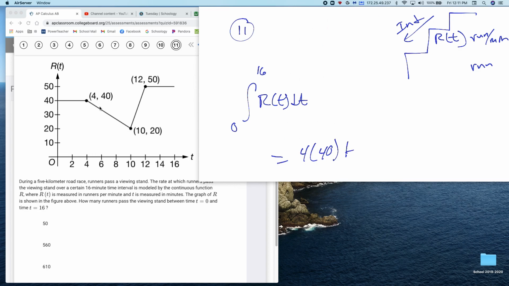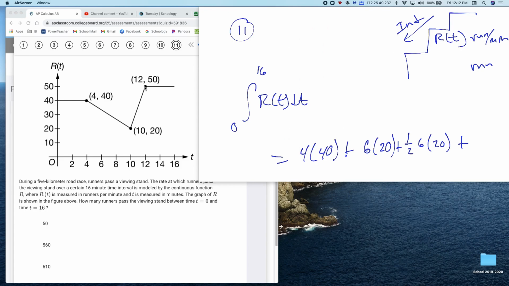Now I maybe need to split this into a triangle and a trapezoid, or a triangle and a rectangle, unless you want to do a trapezoid on here. If I split this section from 40 to 10, I'm going to split that into a rectangle. So that's a rectangle 6 by 20 plus the triangle, which is 1/2 times 6 times the height of that triangle, which would be 20.